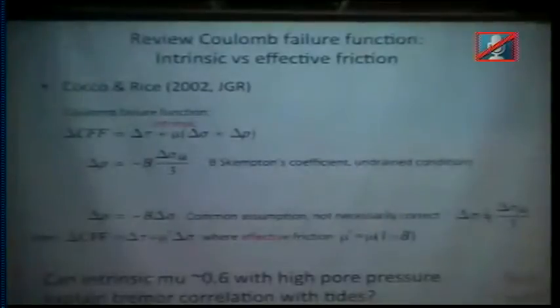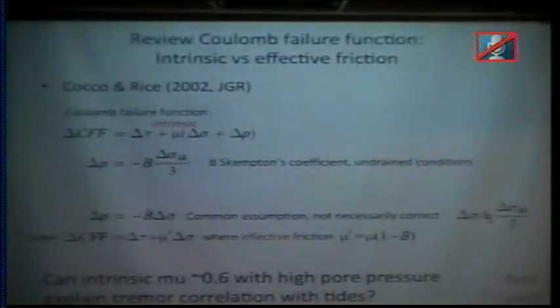Heidi? Yeah. Do you mean normal stress? You mean the normal traction to the interface? The change in normal traction on the interface due to tides. So, it's a small change relative to any various ambient stresses. Right.